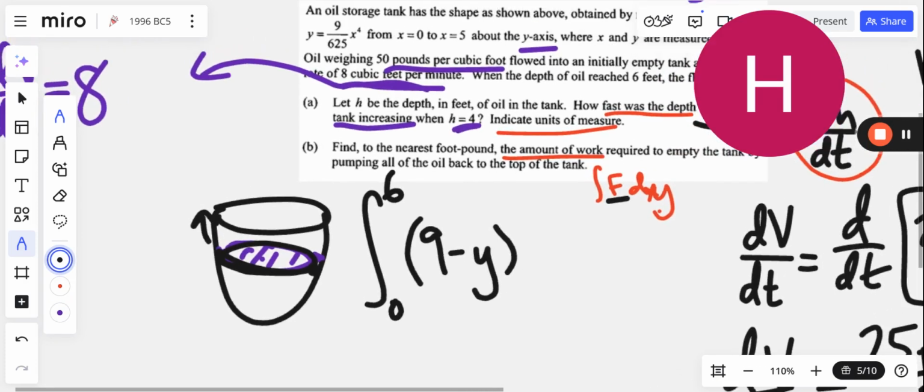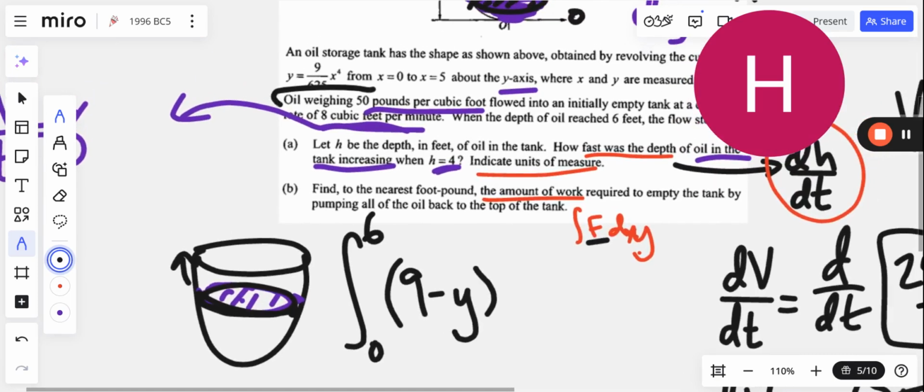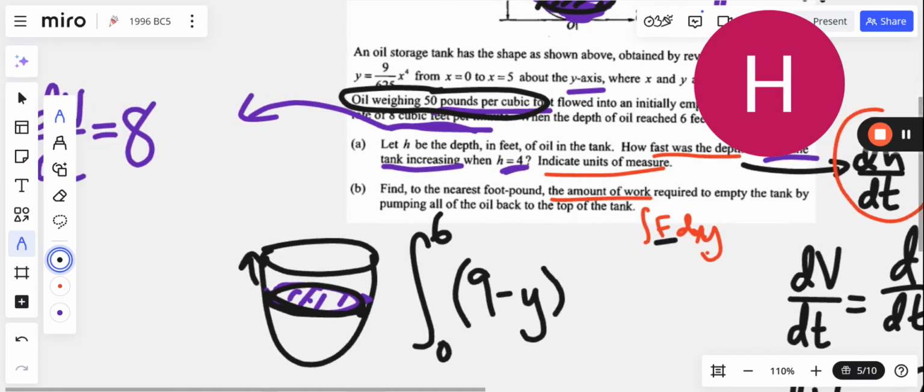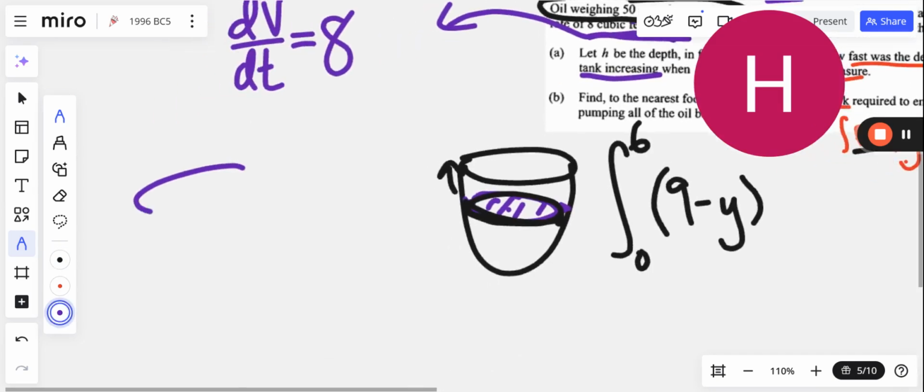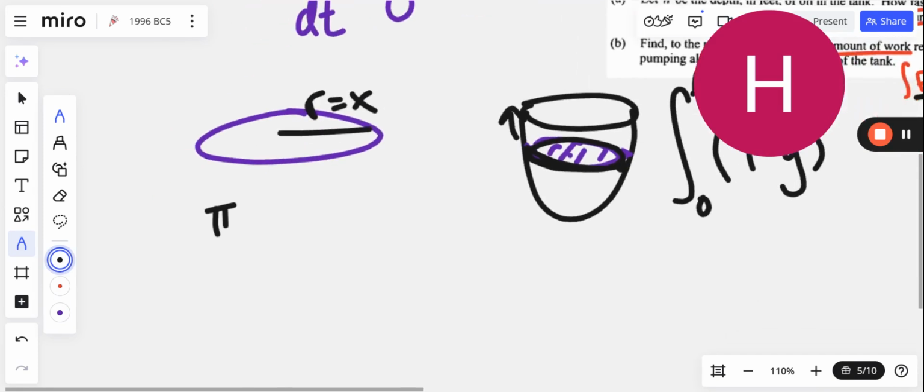And what's the force? The force is like the weight here. 50 pounds per cubic foot. So 50 pounds per cubic foot. Remember, what is the size of these discs? These horizontal discs have an r value, which is equal to x. And again, the formula is pi r squared, which means pi x squared.